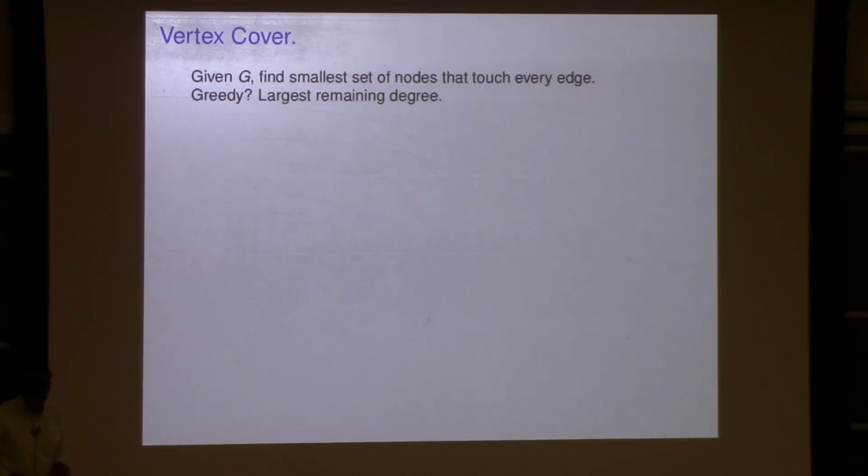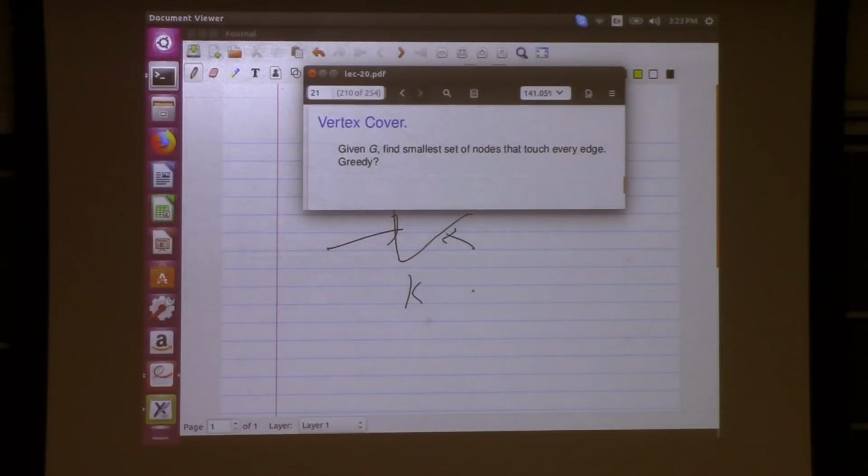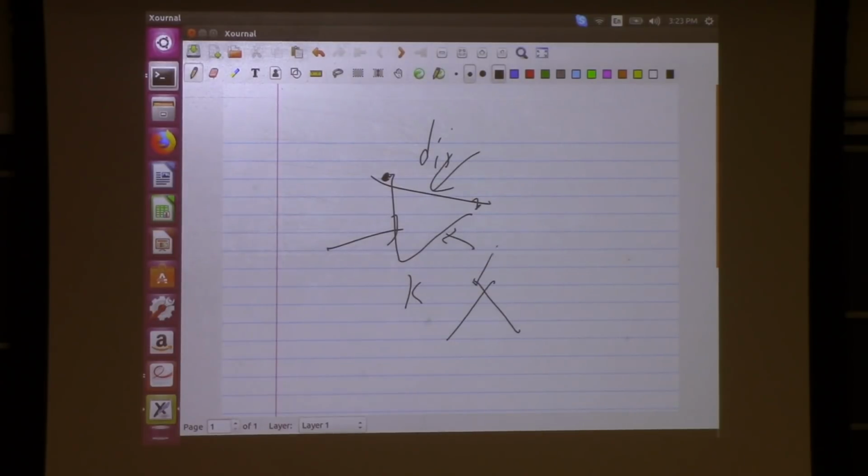Let's just draw it. Here there's a good vertex cover, which is you take the center node, that's of size 1. Or you could take the nodes all on the outside, that's of size 5. You're trying to find the minimum, so which one's better? The one in the center, right?